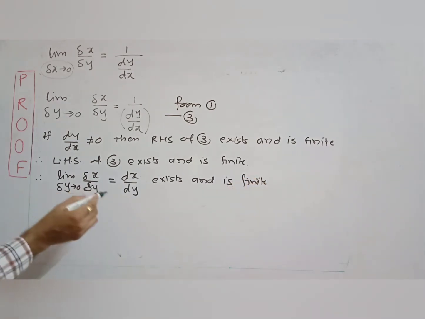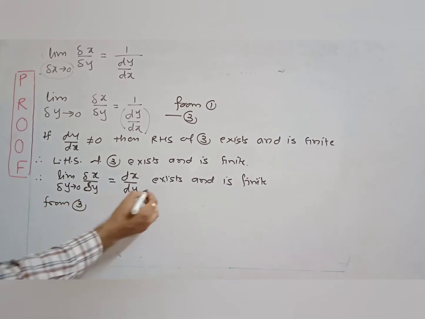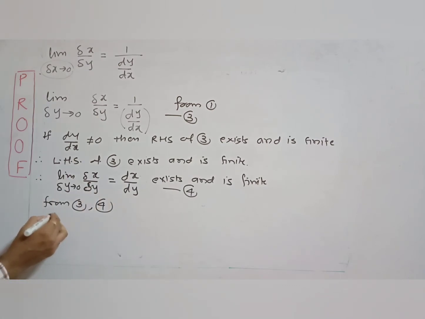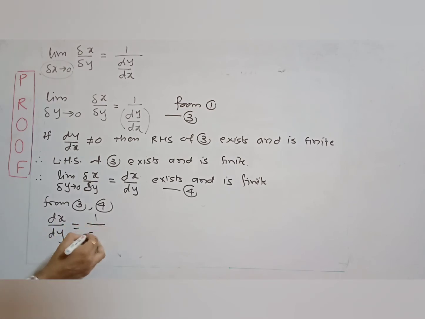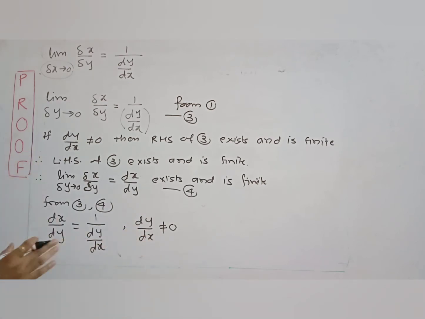Therefore, we shall take this dx by dy in number 3, and let us take this as number 4. So from 3 and 4, what do we get? Dx by dy is equal to 1 upon dy by dx, provided dy by dx is not equal to 0. This has been mentioned in the condition itself. So we can prove this like this, hence the proof.